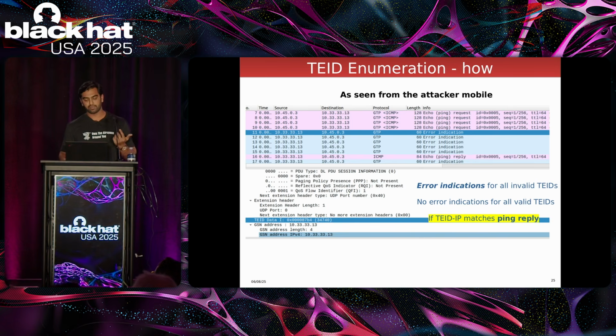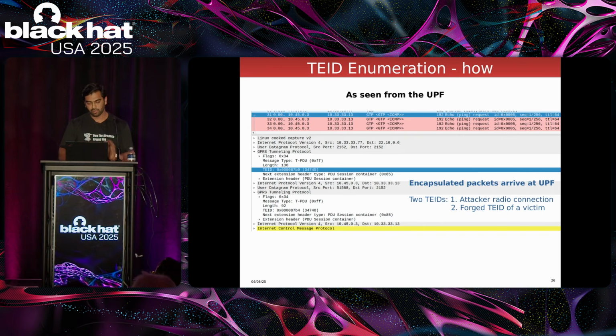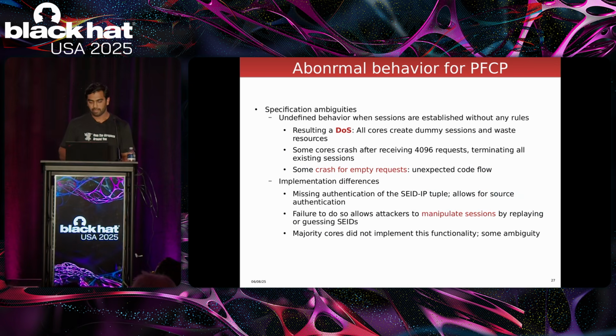If you don't receive a reply or an error indication, it means there is an active session for that specific user, and you have a valid identifier that you could use and then attribute the fraud to that specific user. When we look at the UPF, the packet looks like this. It's tunneled GTP inside GTP, and then you have the actual payload there.